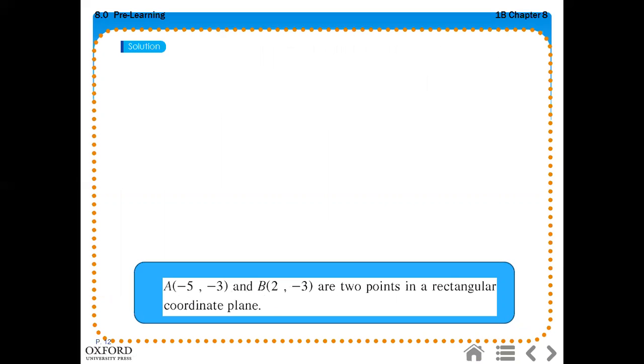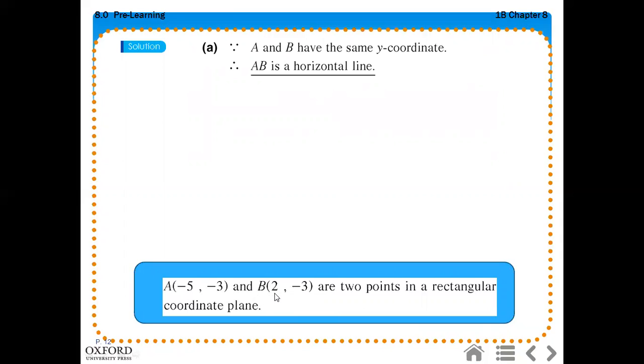You will note that their y coordinates are the same. That means at the same height. So AB is a horizontal line. Only left, right different. So it's a line goes left, right. So it is a horizontal line.